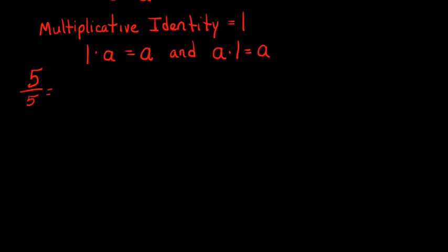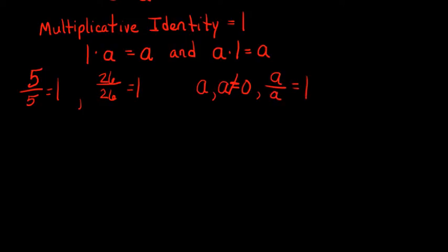We also know that 26 divided by 26 equals 1. So for any number, let's just say A, as long as A does not equal 0, we can't divide by 0, and we'll talk about that another day, but just know that we can't. A over A equals 1.